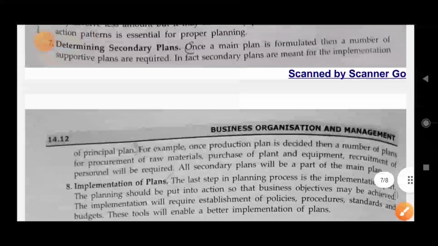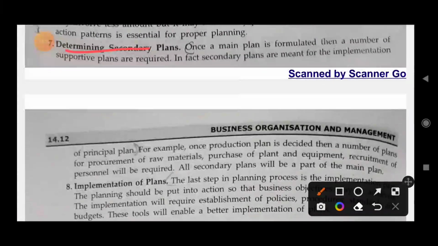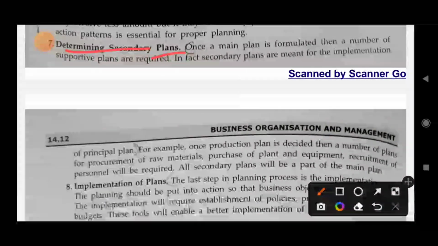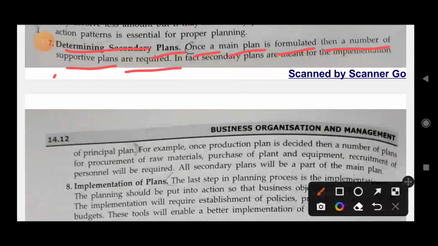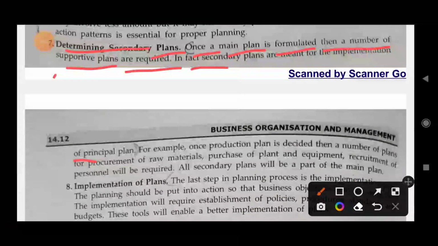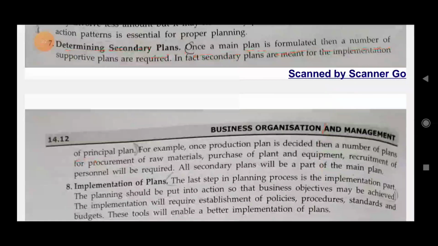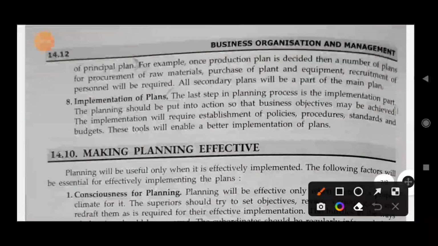And determining the secondary plan. If the first plan A doesn't work out, how to solve the problem. Once the main plan is formulated, a number of supportive plans are required. These supportive plans will be useful for the main plan. Next, finally, implementation of the plan.